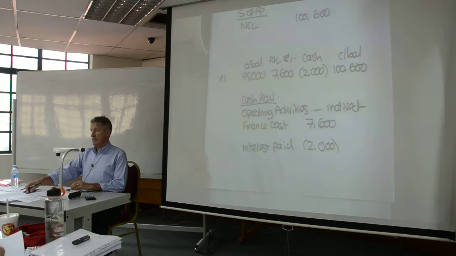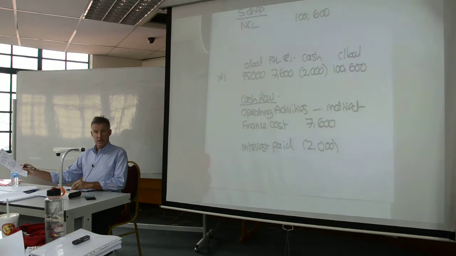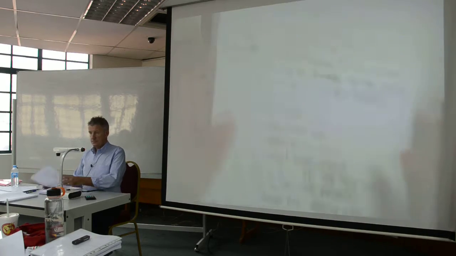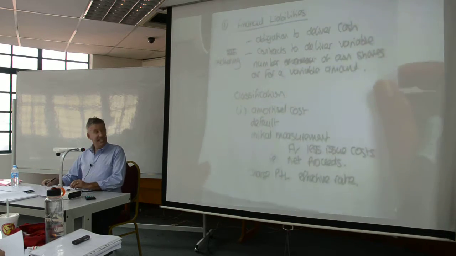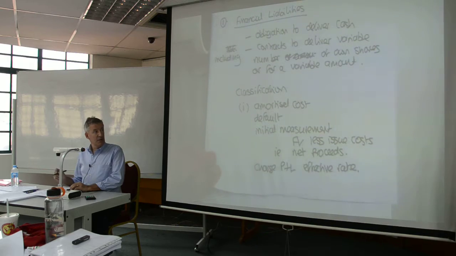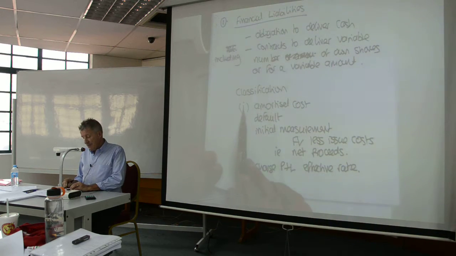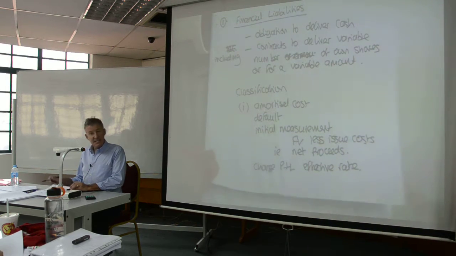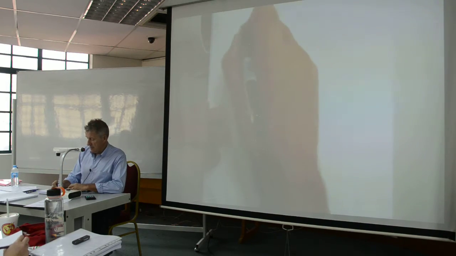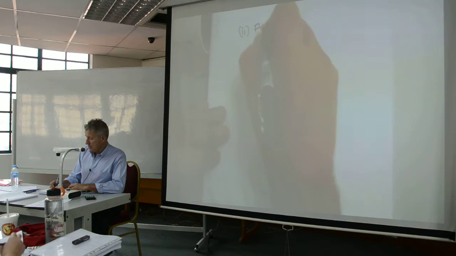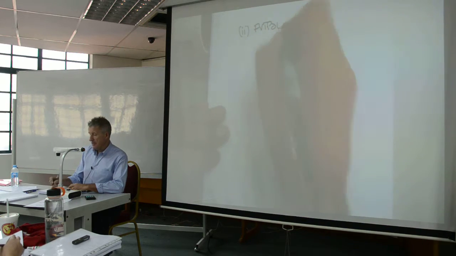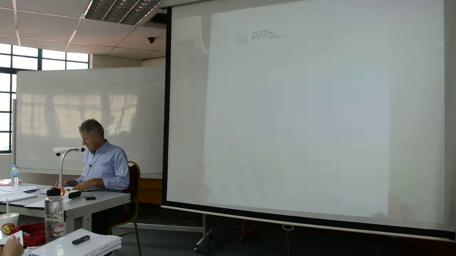Amortized cost, liabilities. In the classification of financial liabilities, I have amortized cost as number 1. And I have here fair value through profit and loss account liabilities as number 2.